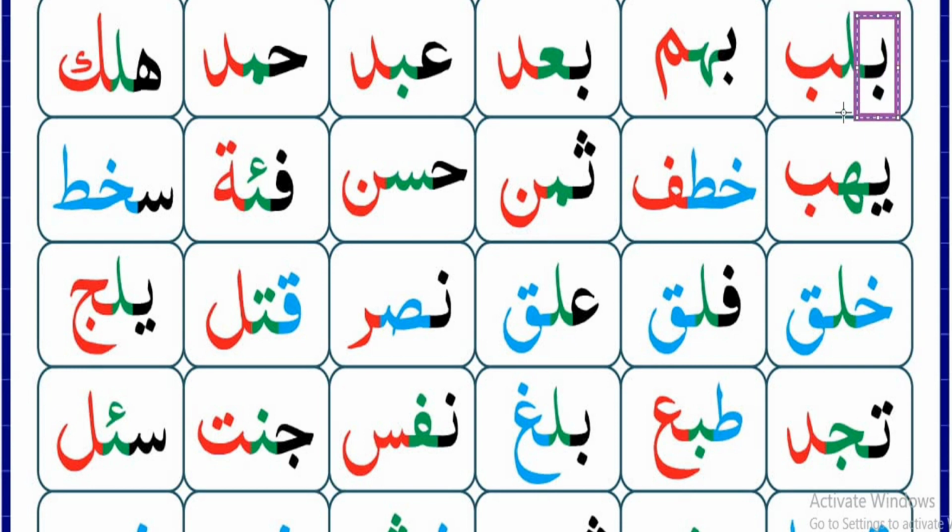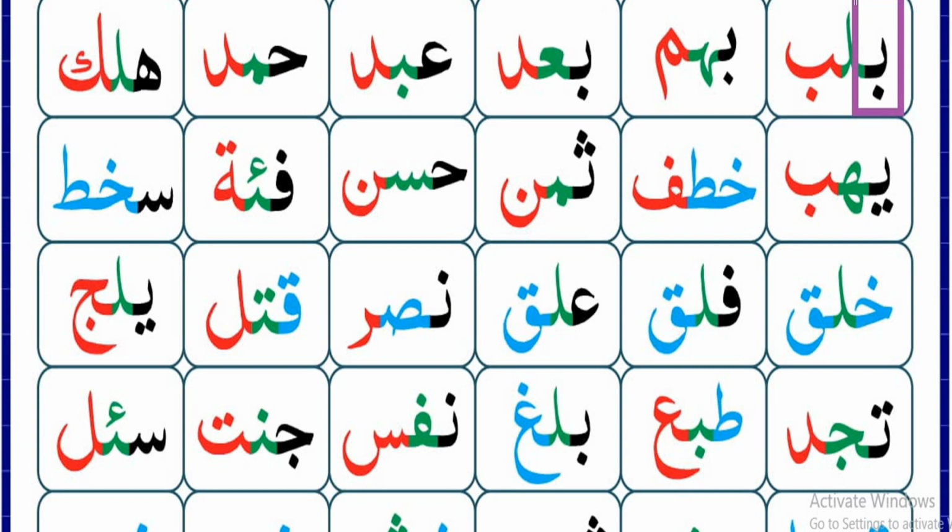It is the same letter as this, but the shape is different because this is the full shape because it is the last letter of the word, and this is different because it is the first letter. So because this is connected to the next letter and the last one is not connected to any letter, and the middle one is also connected to both sides, this is why the shape of this letter has also changed.